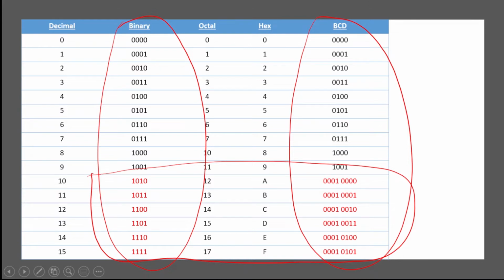But in BCD, as we did in the previous slide, it is represented with 0001 0000. So that's the difference between binary number and BCD. BCD is not representing the value of the decimal number. Instead, it is coding the decimal number into a binary representation or binary code. That's the main difference between the two.